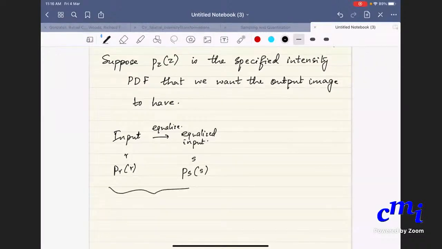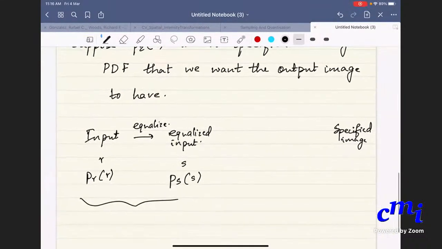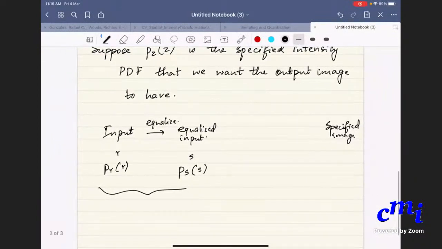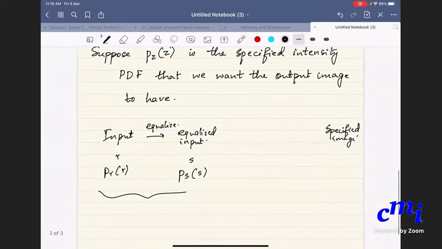On the one hand, you have this with the input image, and on the other hand, you have the specified image. Either it could be a specified image or just a specified histogram. This specified image or histogram is first equalized as well.